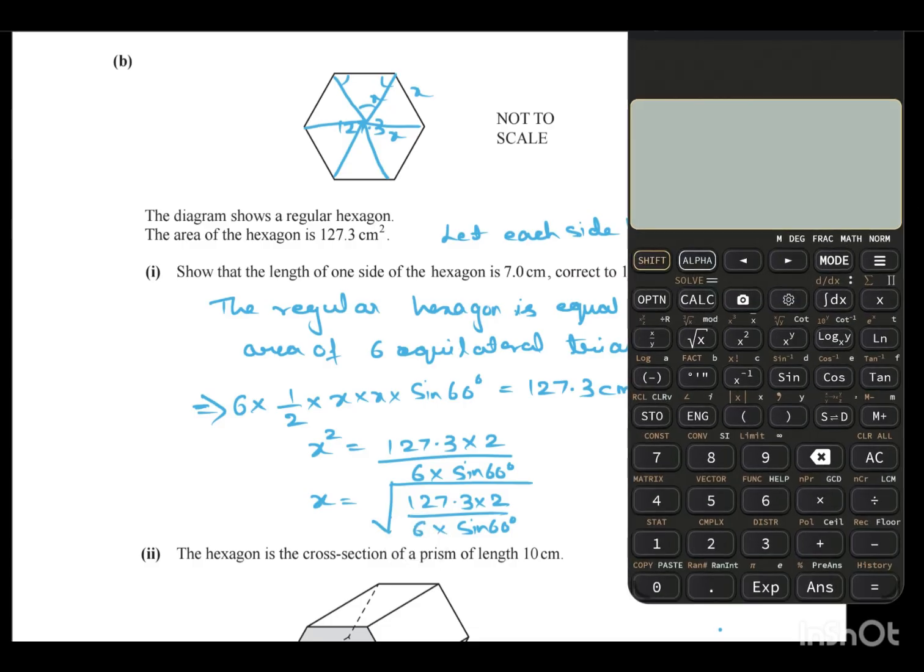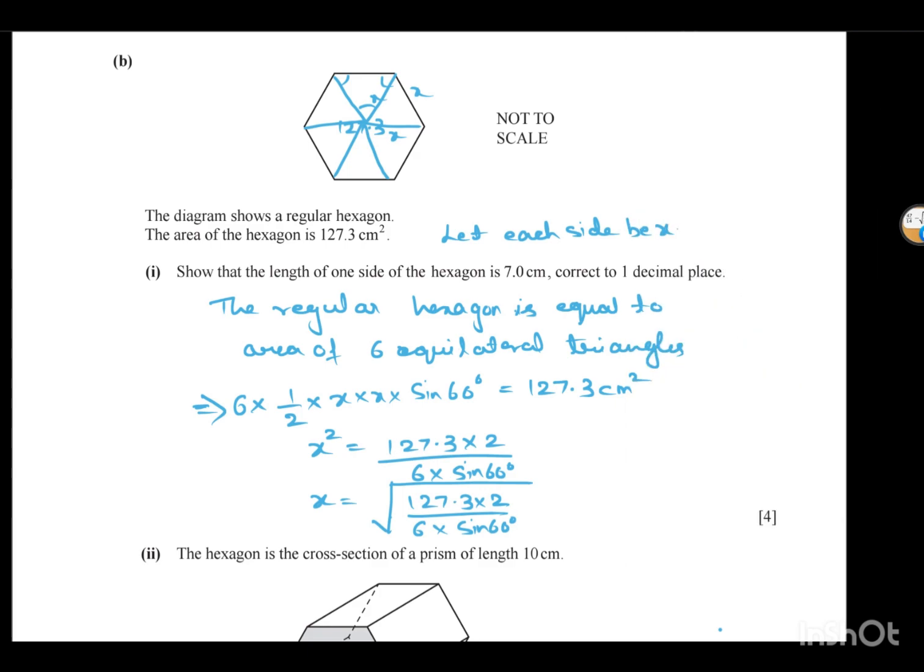Find out. 6.999 centimeter. If I round this to correct one decimal place, it will be 7 centimeters. Question B1 is done.